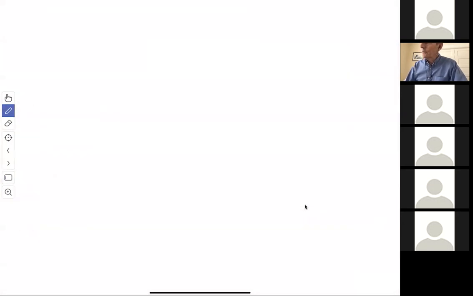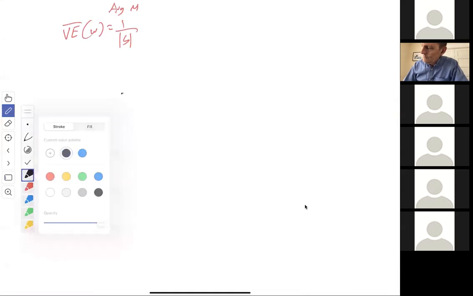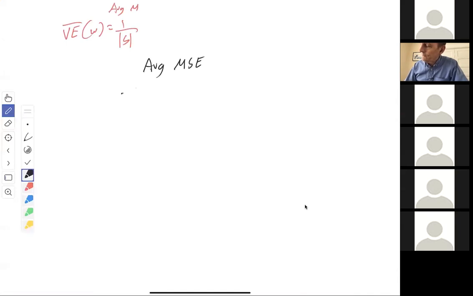Okay, so we have that VE of W equals 1 over the number of samples. This is just so we're doing an average, so this is going to be the average mean squared error.